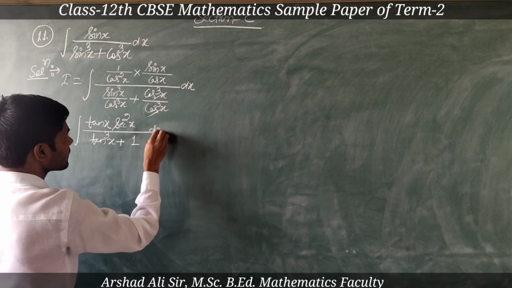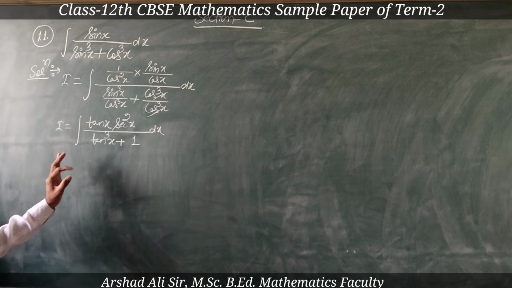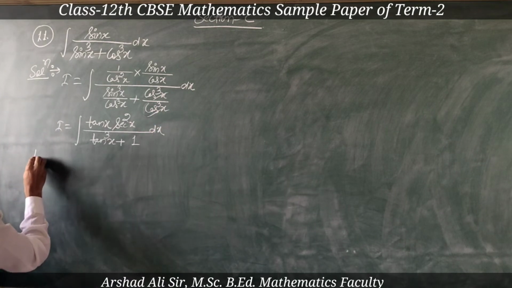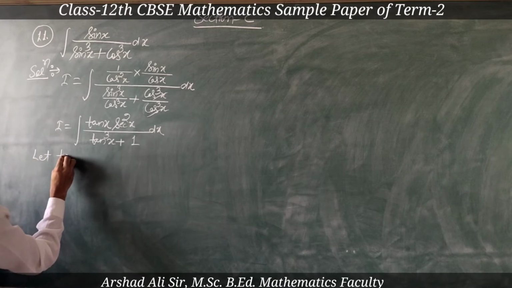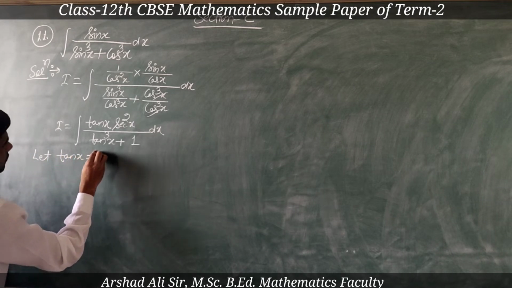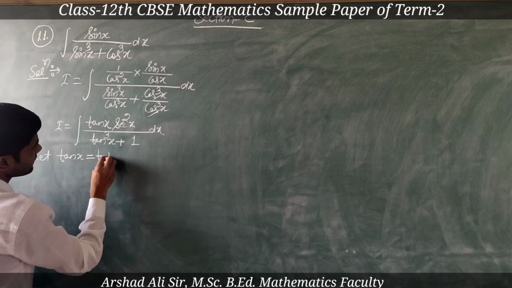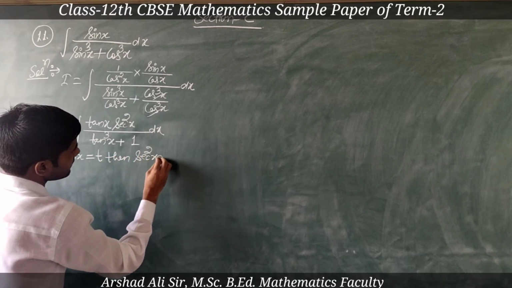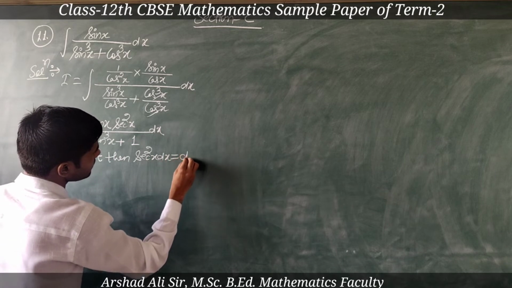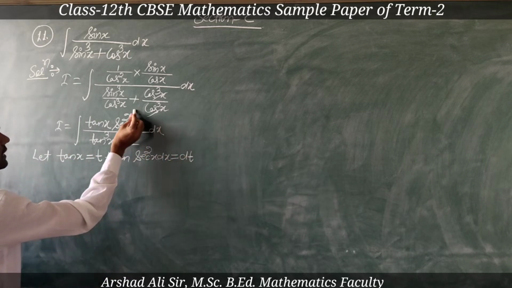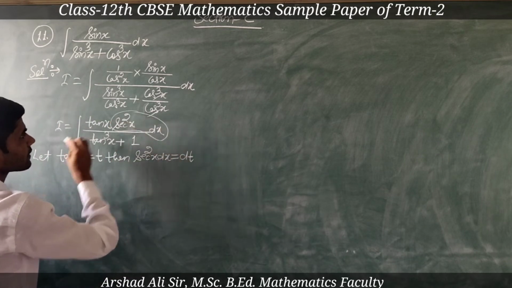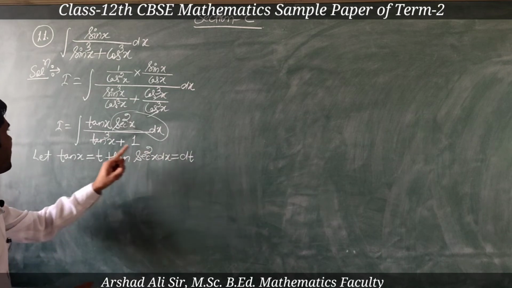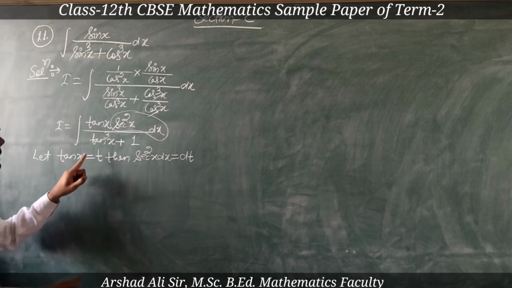Okay, here dx. Now we can let tan x is equal to t. Then we can write sec square x dx is equal to dt. So instead of sec square x dx we can write dt, and instead of tan x we can put t.